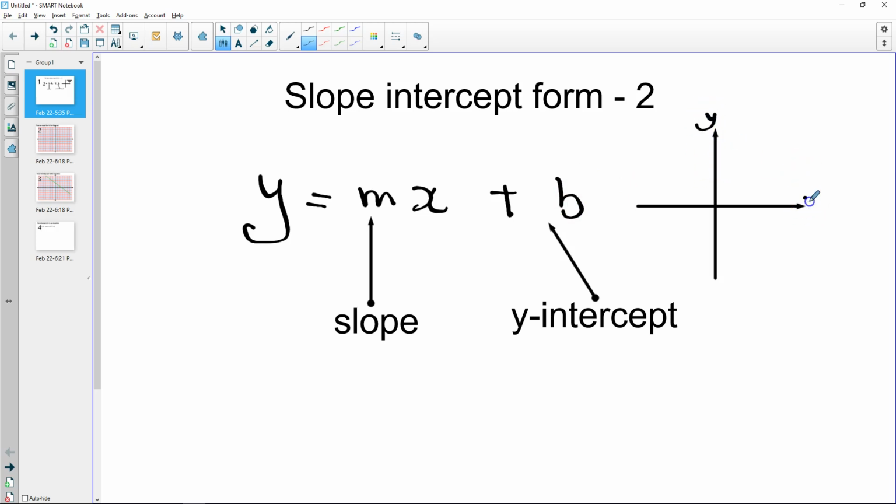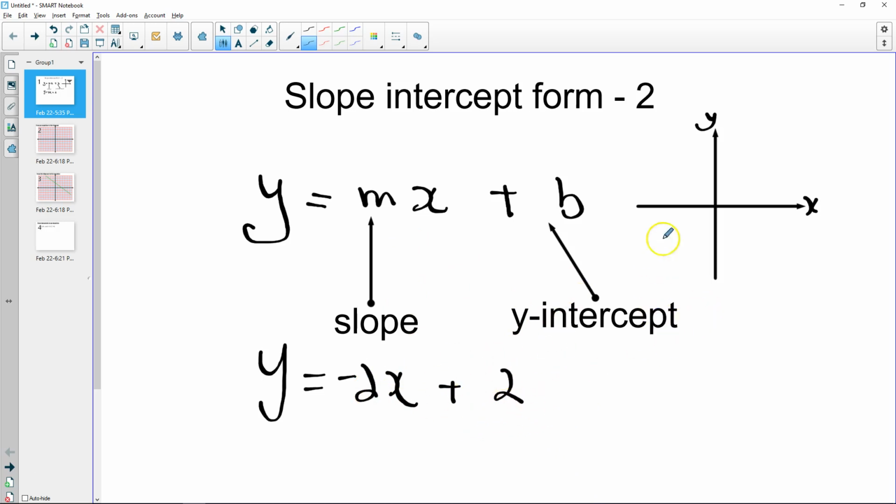So we have y axis over here, x axis over there. So let's say I have an equation that looks like the slope-intercept form. I'm just going to randomly write one out: y is equal to -2x plus 2 as an example. So for this scenario, your y-intercept is equal to 2.